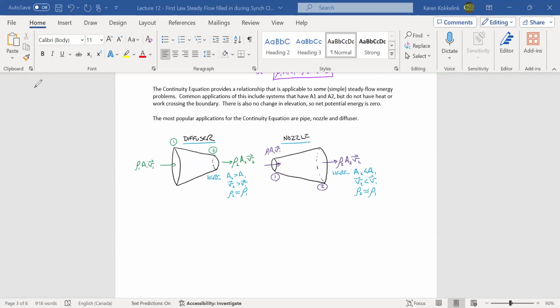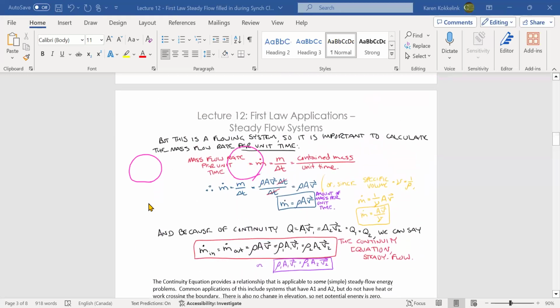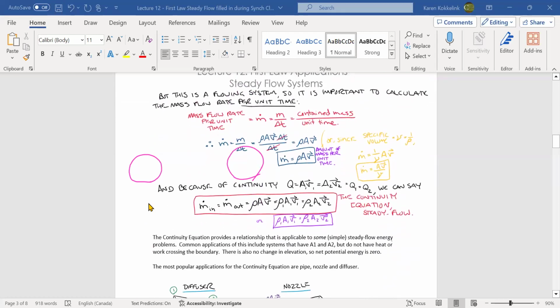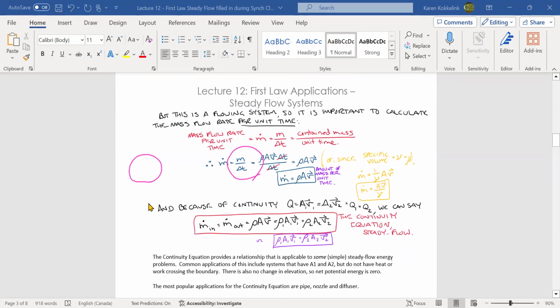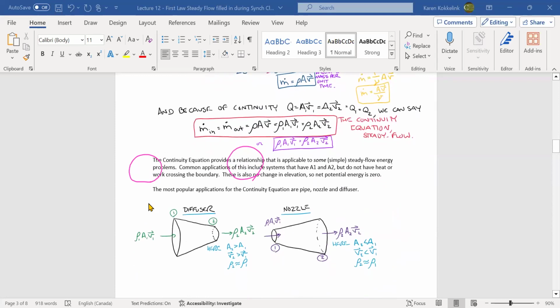And we remember that because of our continuity equation that relates our area and our velocity and our flow rate. So when we look at our continuity equation with our area, our velocity, and our flow rate, we recognize that the flow coming in has to equal the flow coming out.